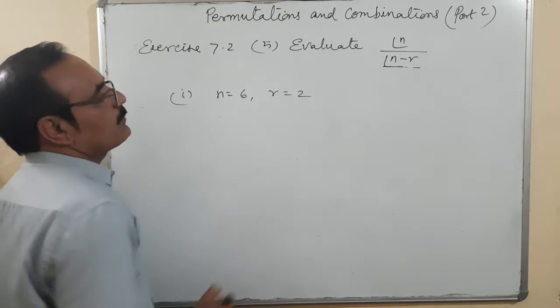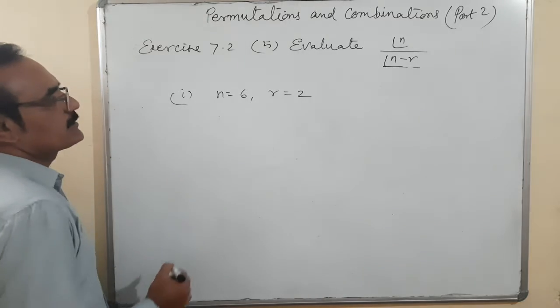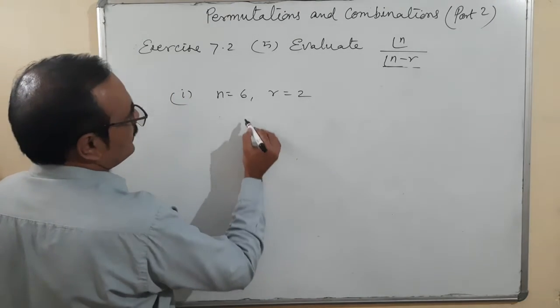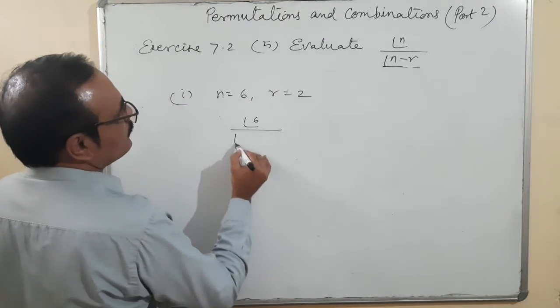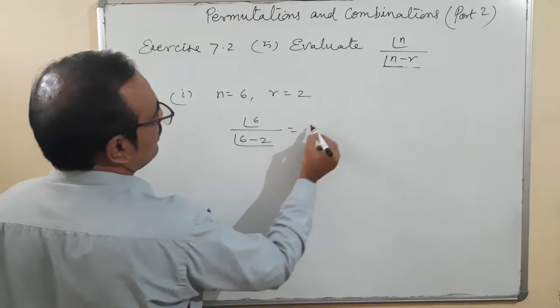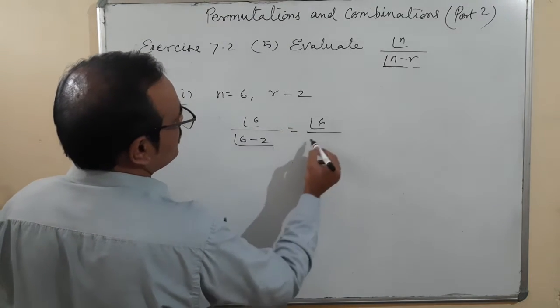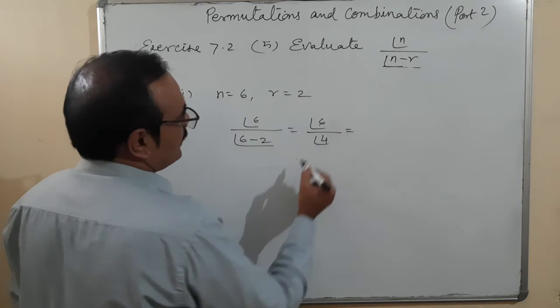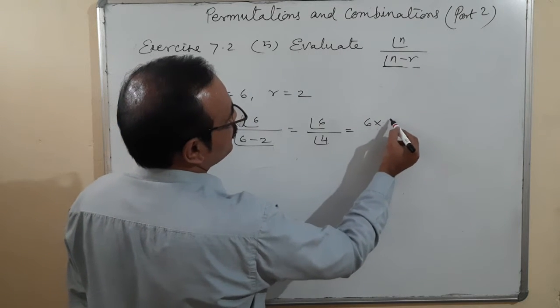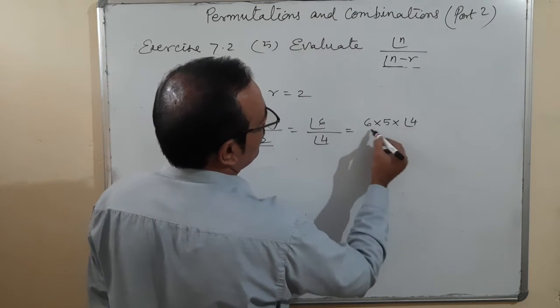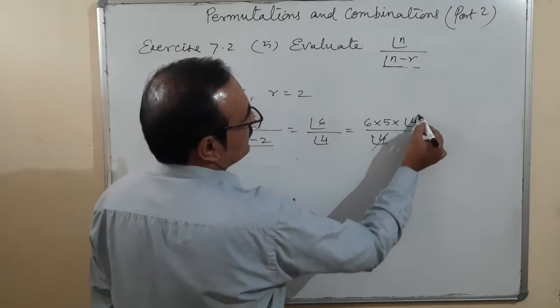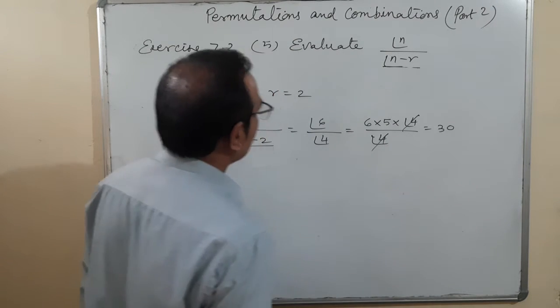I'll put the value here. So factorial 6 upon factorial 6 minus 2, which is factorial 4. Factorial 6 can be written 6 into 5 into factorial 4 upon factorial 4. Cancel. 6 5s are 30.